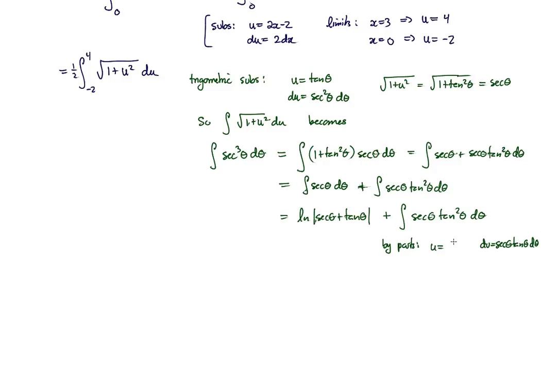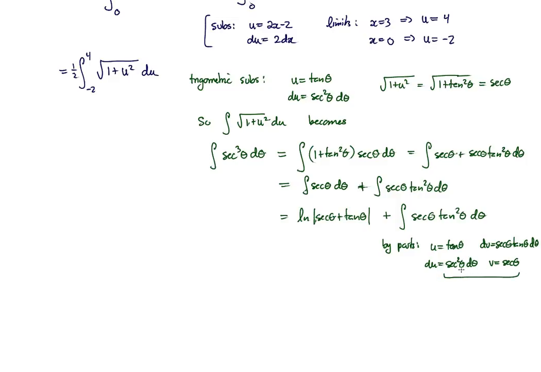And so u is the other part, which is the tan theta. And so du is secant squared theta d theta, and v is secant theta. And now the by parts is going to work if I can integrate the product of those two. And the product of those two is secant cubed.